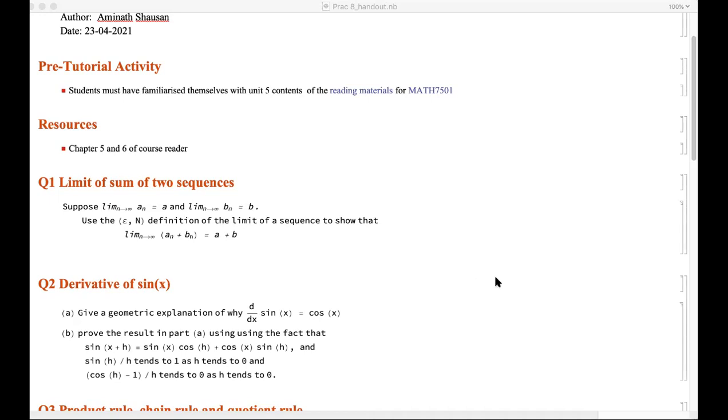Okay, let me explain this part. What does it mean by the limit of a_n tends to a as n increases? I need to stop sharing this.